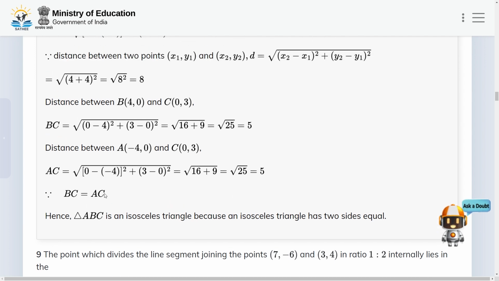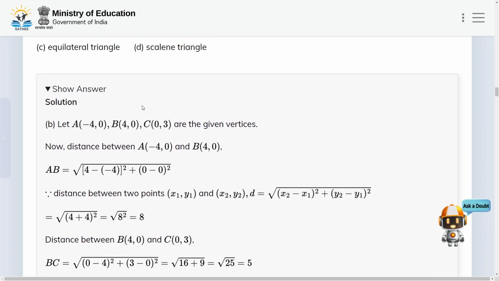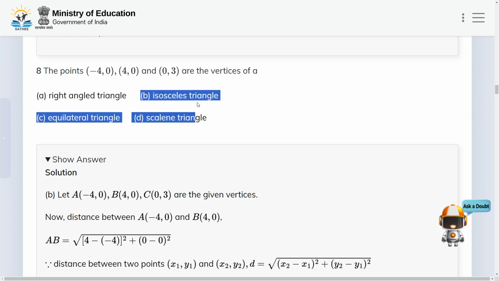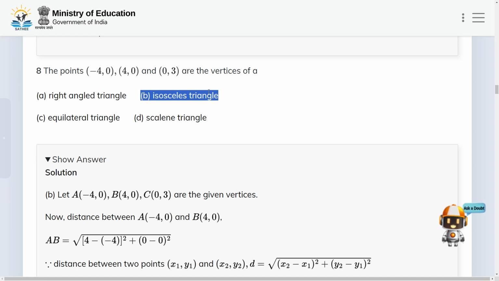So this triangle whose vertices are (minus 4, 0), (4, 0) and (0, 3) is an isosceles triangle. So option B is the correct answer.